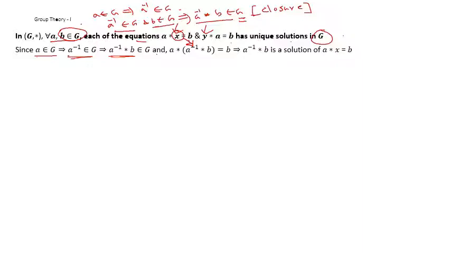By associativity, this is A star A inverse, which is E, so we get B. So that means LHS equal to RHS. তার মানে A inverse star B is a solution of A star x equal to B. এই যে A star x equal to B এর একটা সলিউশন হচ্ছে A inverse star B.